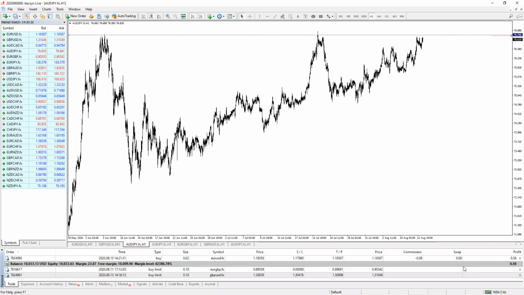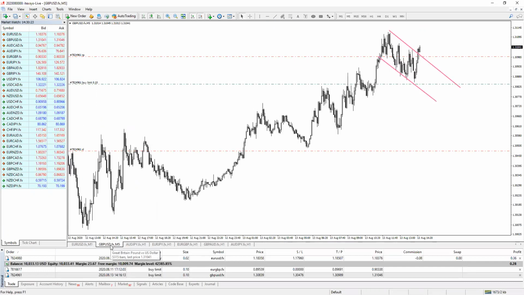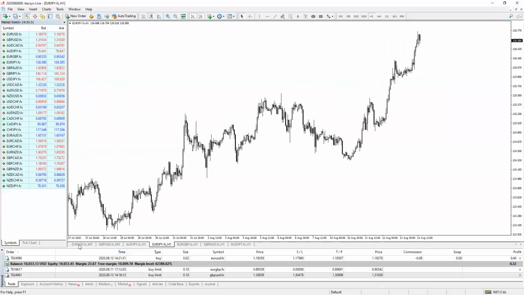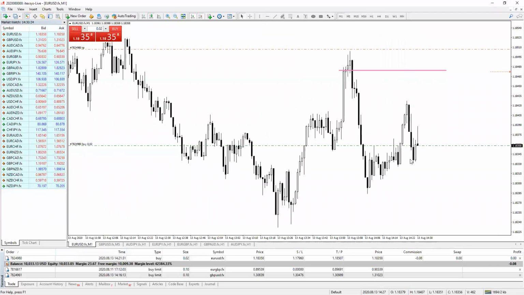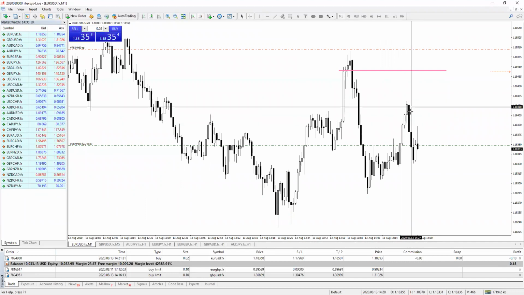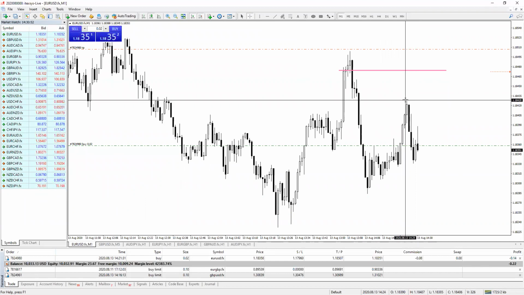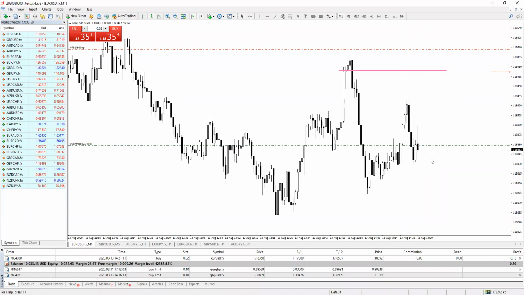Let's see what's going on with our pound trade. Okay, so our euro dollar went a little bit up, 6 points, and now it's sliding down. I don't worry anymore. I see price is pushing up. It's a very reasonable bounce back.